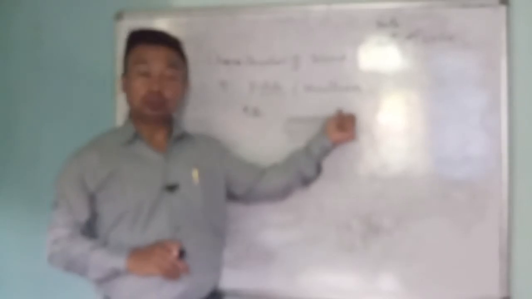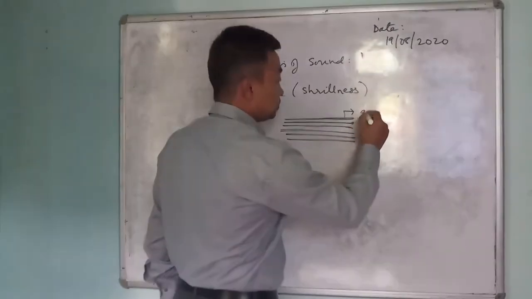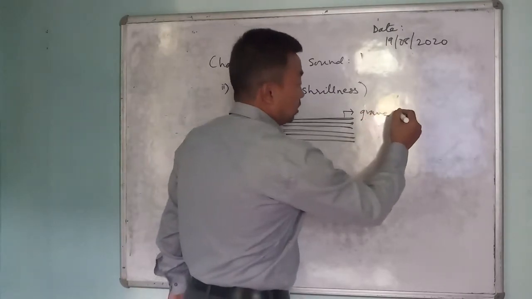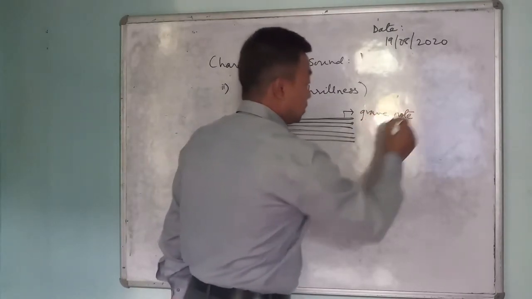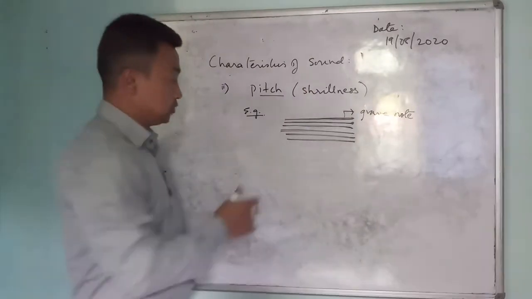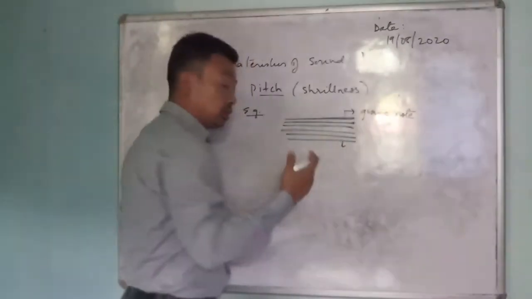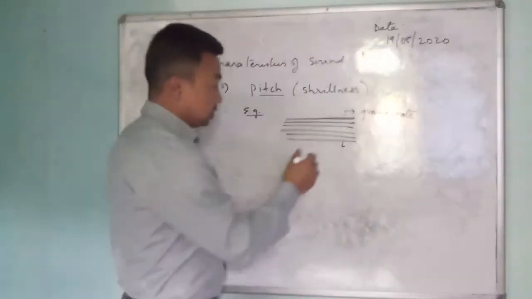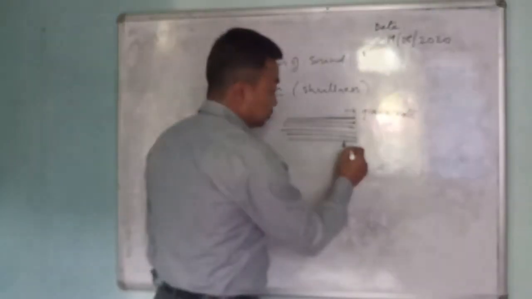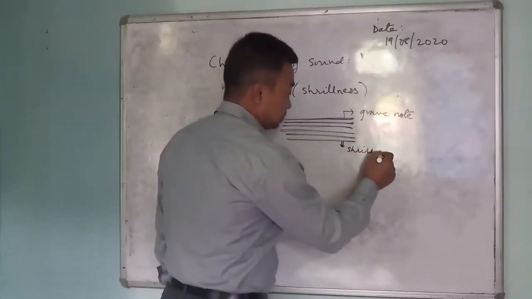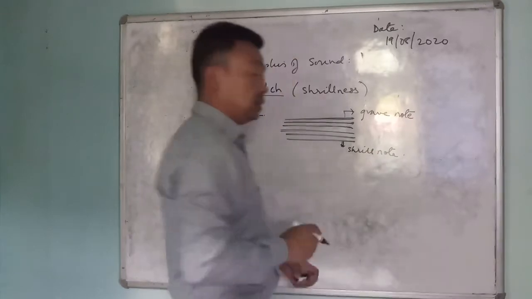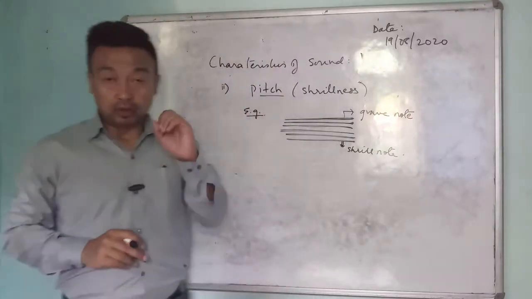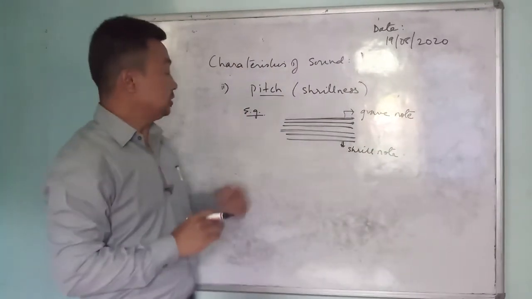So in the sixth string you have a less frequency, so we have a grave note. Okay, that means a flat note, low pitch, and here we have a higher frequency. That means it is a high or a shrill note. So basically, in the pitch, the most important factor is the frequency.